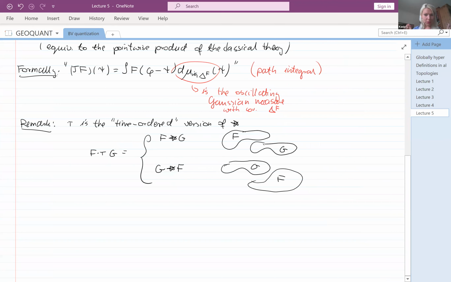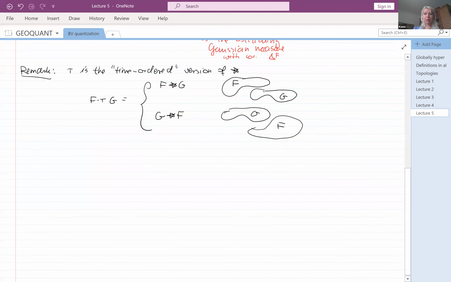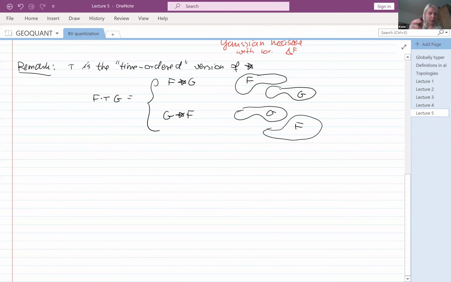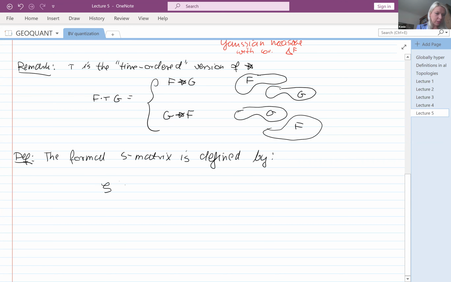And what I'm going to use this for is to define interacting observables. So the first step is to define the formal S matrix, which is defined by the following.